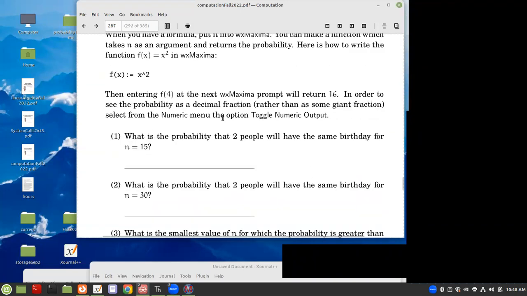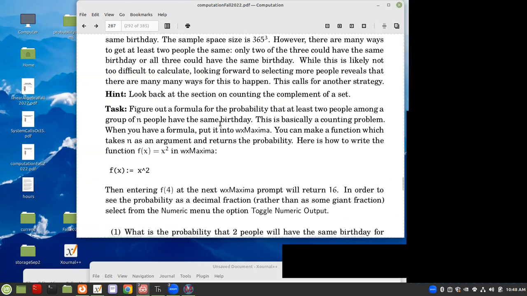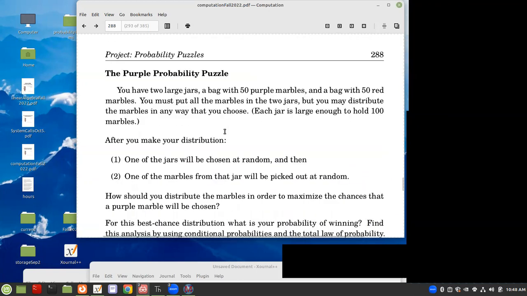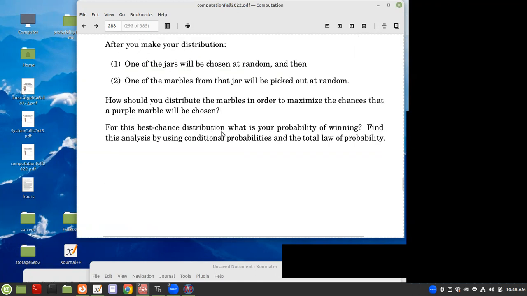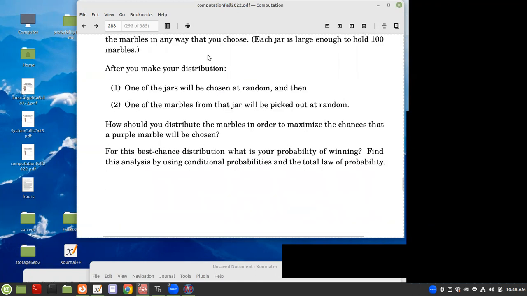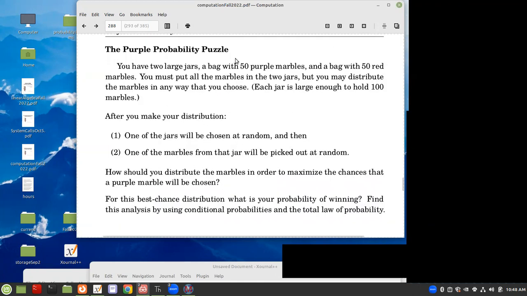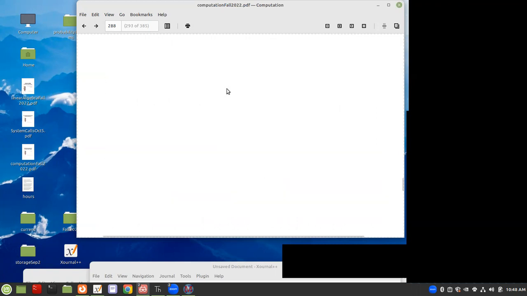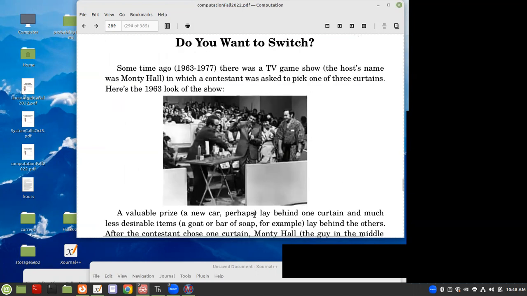There are some other puzzles here to do with probabilities. And then here's the one that we just did, a description of that purple probability puzzle with the 50 purple marbles and 50 red marbles. And then we have the Monty Hall puzzle. And here's what the game show looked like in the 1970s, from 63 to 77.